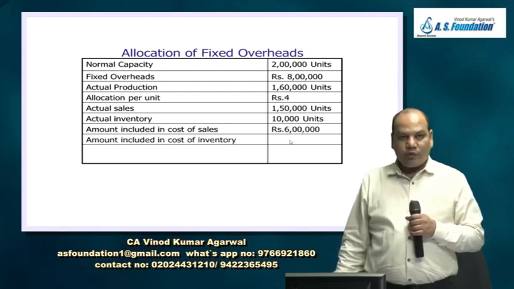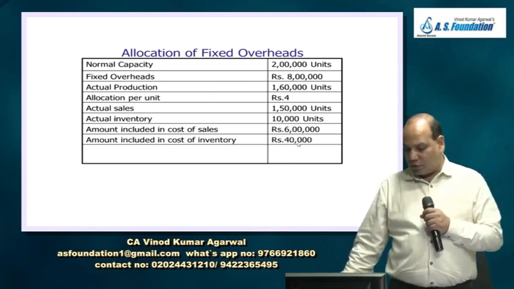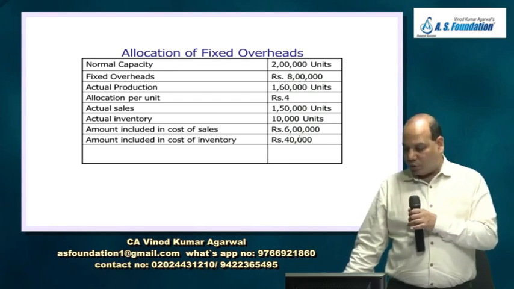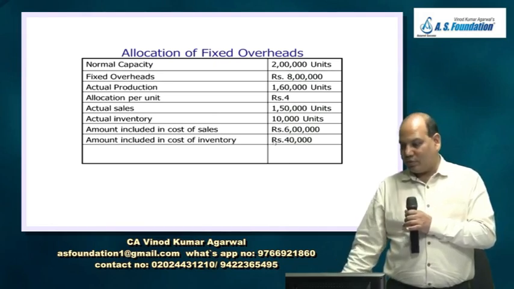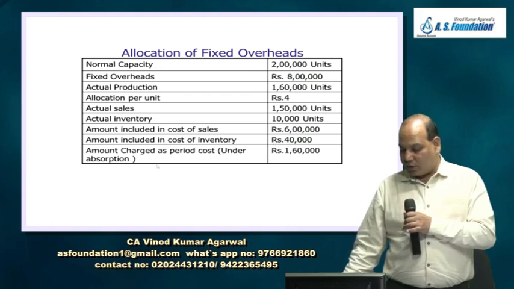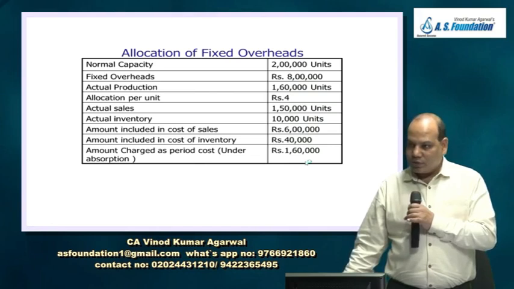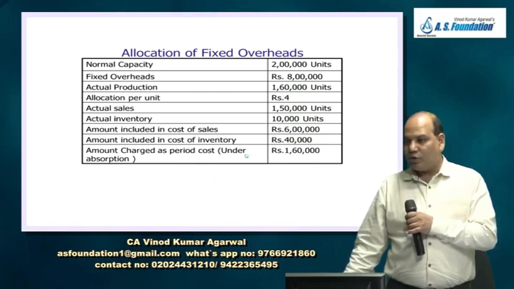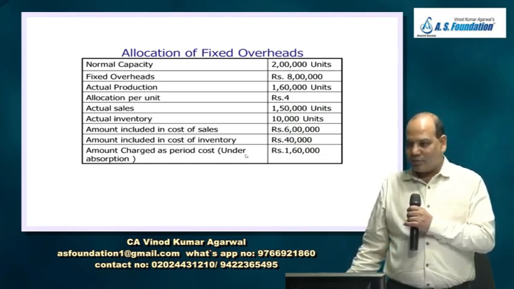How much fixed overhead will be included in the cost of inventory? 10,000 into 4, 40,000. You will find your fixed overhead incurred is 8 lakh, but absorbed so far is 6 lakh plus 40,000. So what about the remaining? The remaining will automatically get charged as period cost, 1,60,000 under absorption. There is no provision of carry forward of under absorbed overhead to the next period.